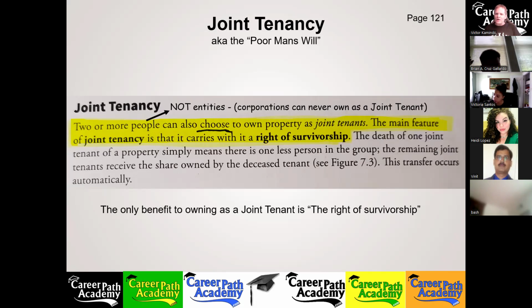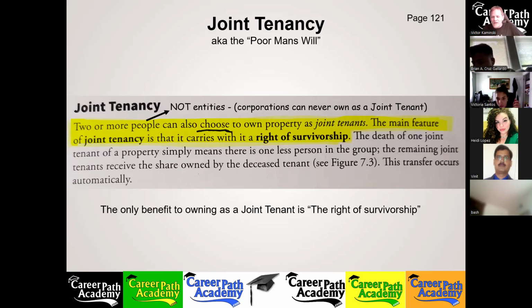Because what is the only benefit of joint tenancy? The right of survivorship. What is the right of survivorship?